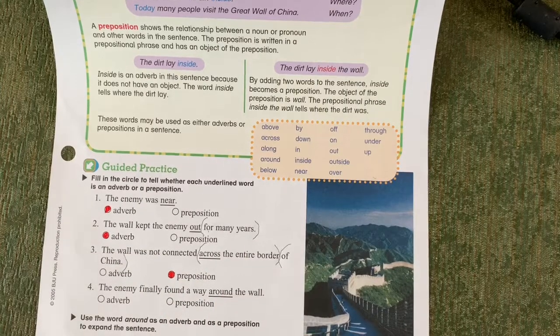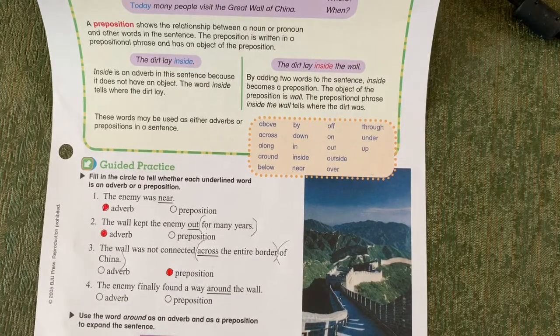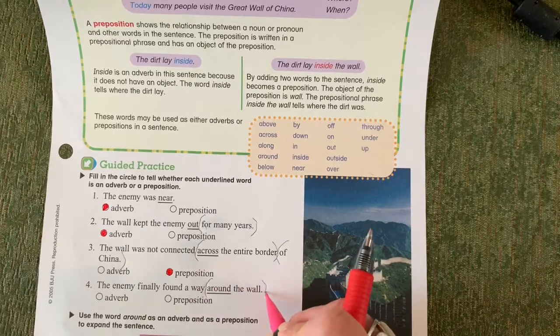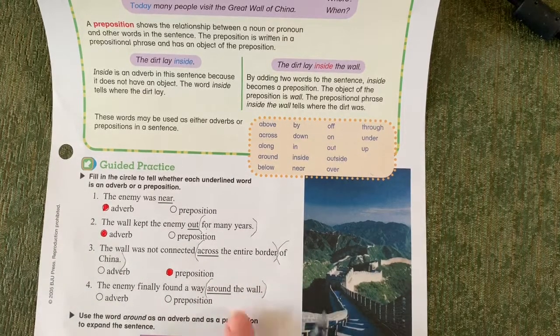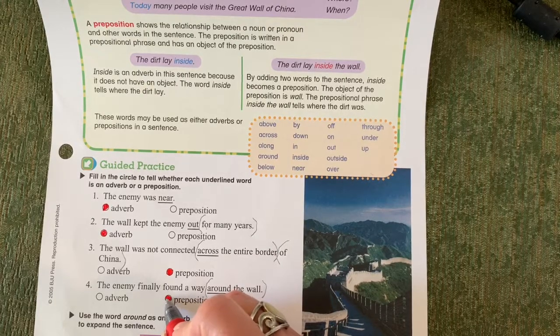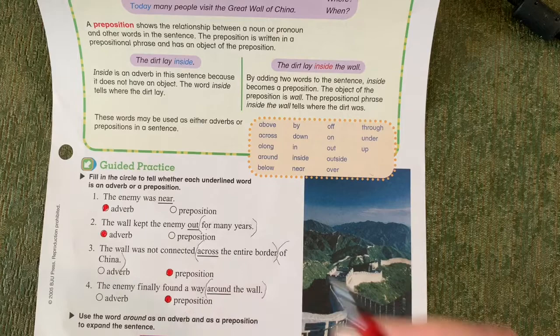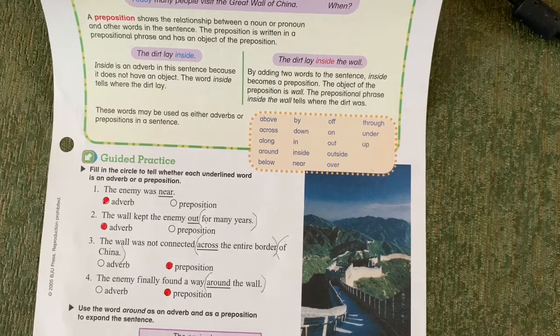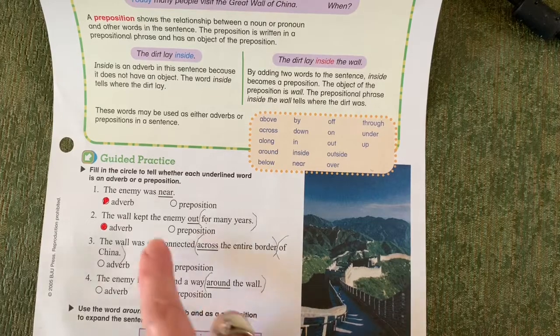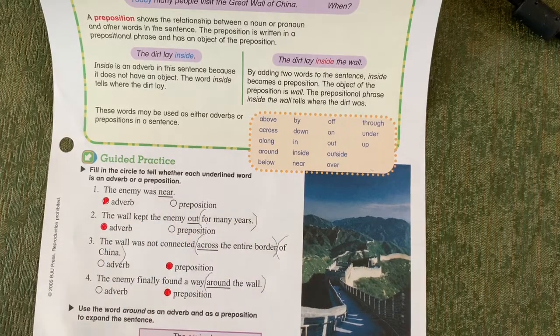Number 4, the enemy finally found a way around the wall. Okay, around the wall is a prepositional phrase, so that makes around a preposition. Okay, I hope that made sense to you. So if it has an object, then it's a preposition. If it does not have an object, it's an adverb.